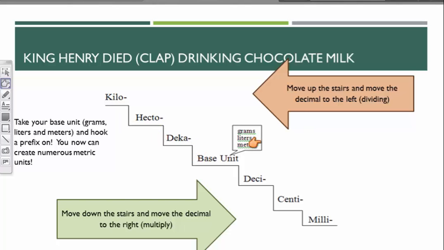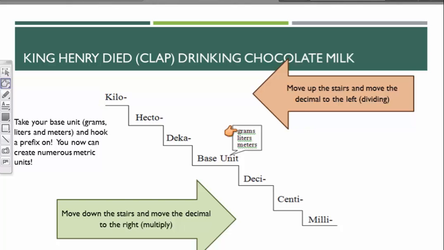So here are our awesome base units. And you can see my base units, gram, liter, and meter, are right smack dab in the middle. Here is what is super fantastic. If you take any of these beautiful base units and you hook a prefix on, you can make a whole bunch of combinations of different metric units. So let's take a look. If I take grams and hook kilo in the front, I would have kilograms.